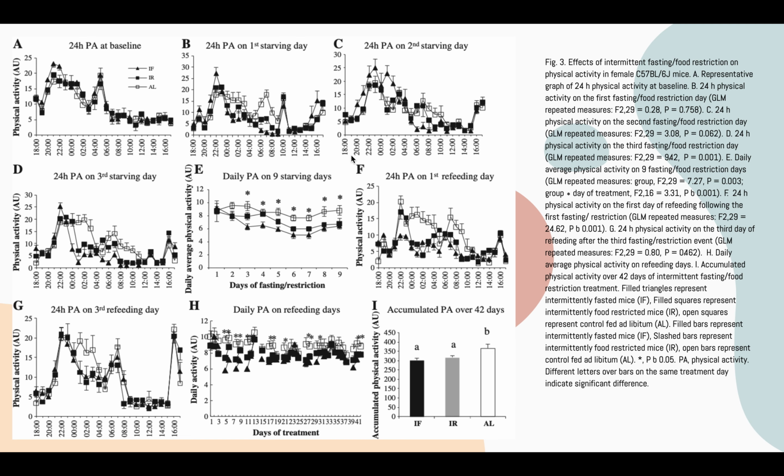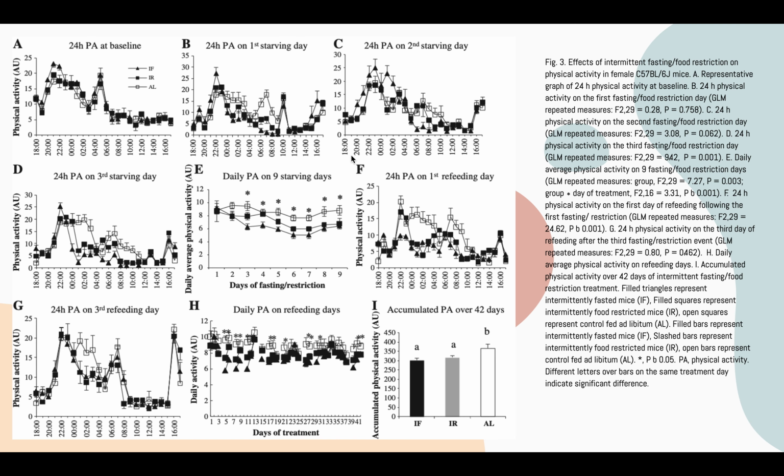Another thing I want to really discuss is graph E, which represents the daily average physical activity on the 9 fasting and food restriction days. I want to point out that the mice that had intermittent fasting for all the days had the lowest physical activity, while the mice that were control fed had the highest physical activity.